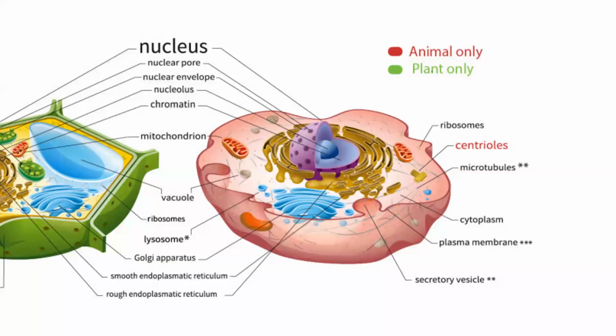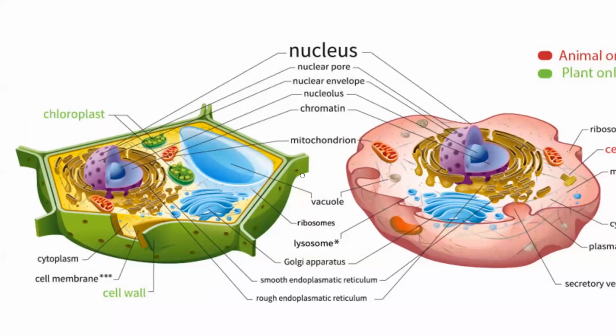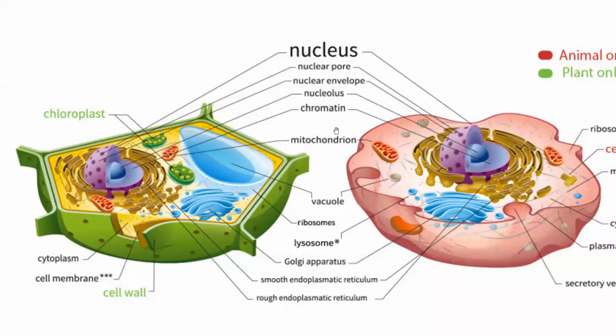Now, the important thing to understand is that the plant and animal cell, although they are different, have most of the cell organelles in common. For example, as you can see, the nuclear membrane is common, nucleolus is common, chromatin is common, the mitochondria is common, right? So there are many examples here. These are common structures present in both the animal cell as well as the plant cell.